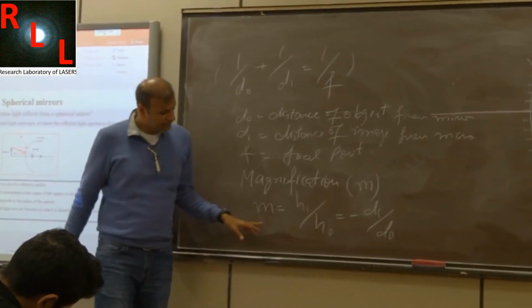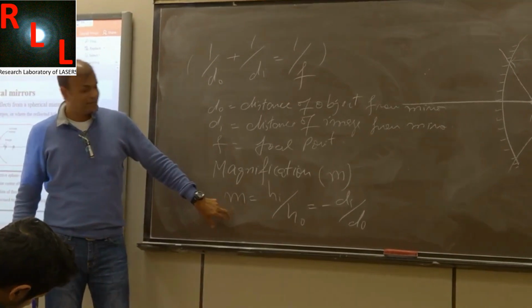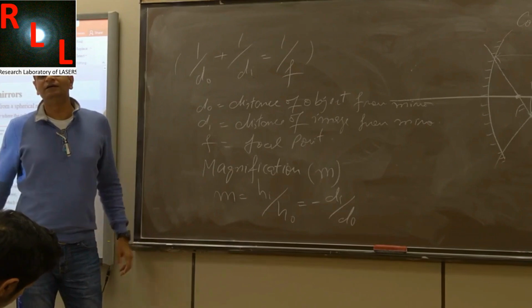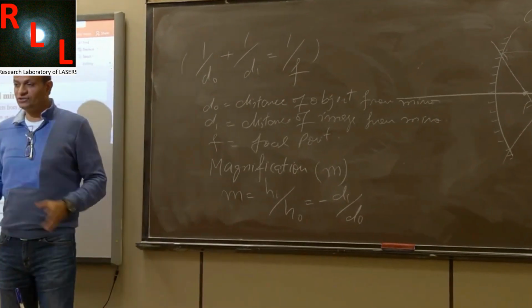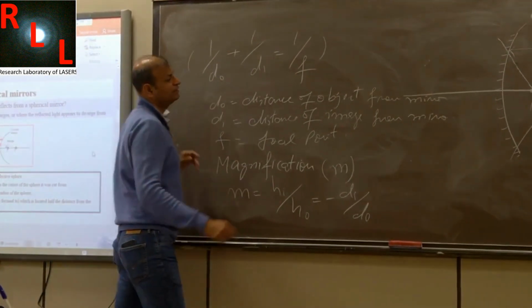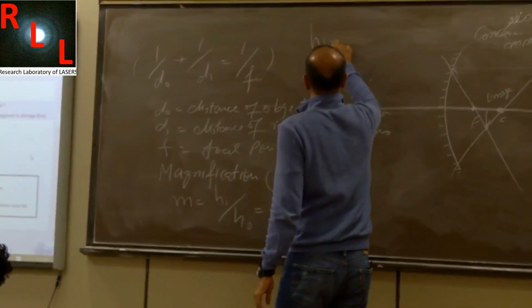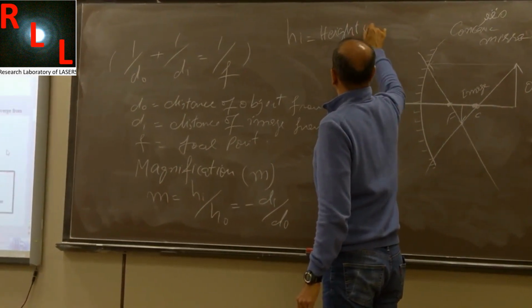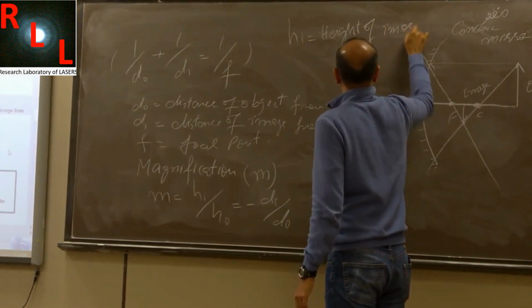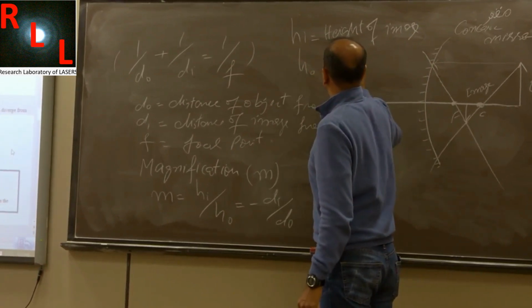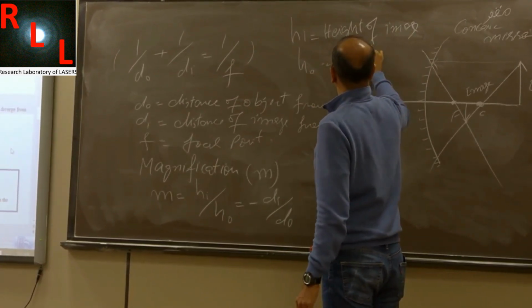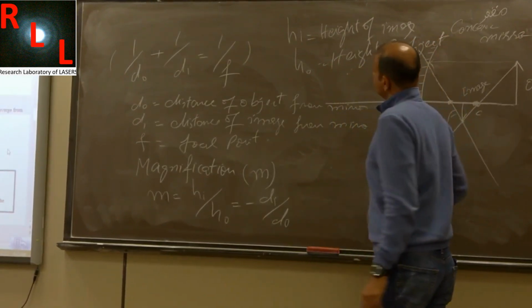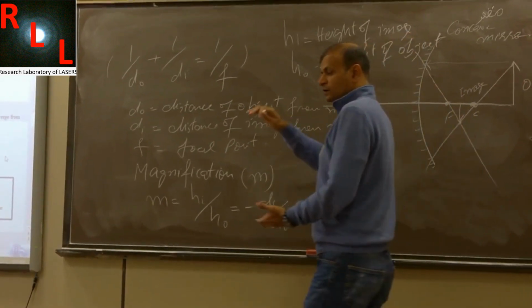With the magnification, Hi over H naught, Hi is the height of the image, how high the image is.